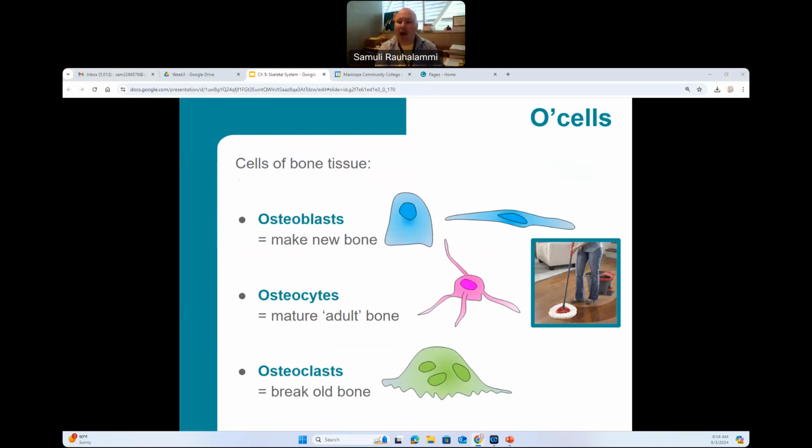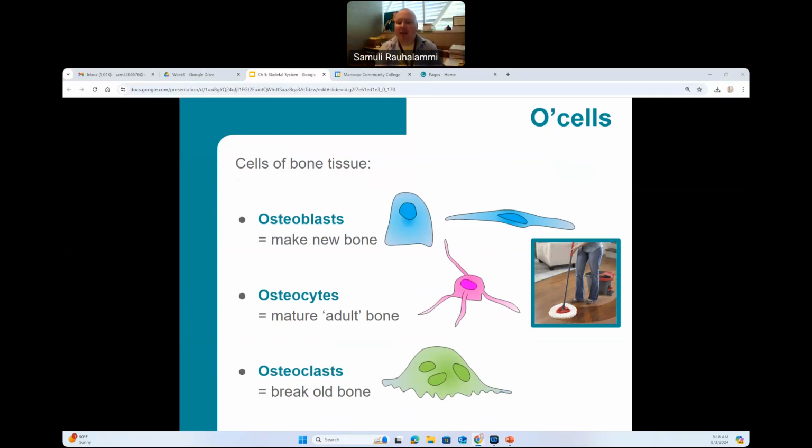So now the osteoblast turns into an osteocyte. These are mature bone cells. Even though these osteocytes are trapped inside the bone matrix that they've secreted around themselves, they still have these arm-like structures to reach out. And they're responsible for the maintenance of the bone.